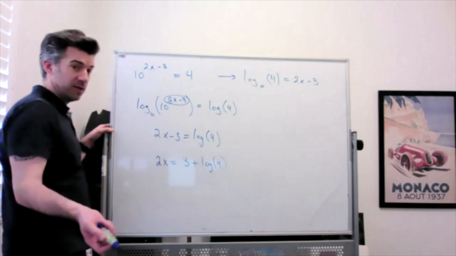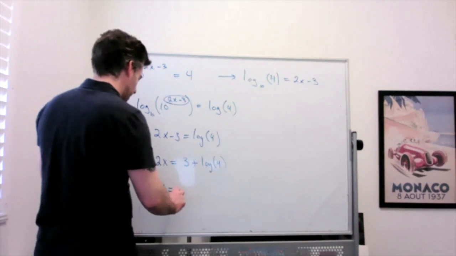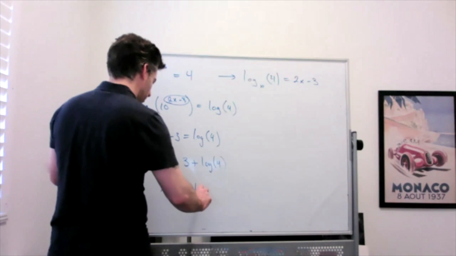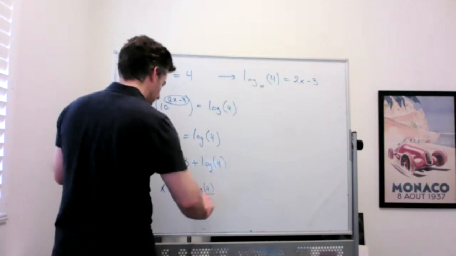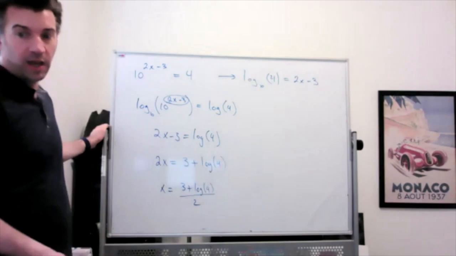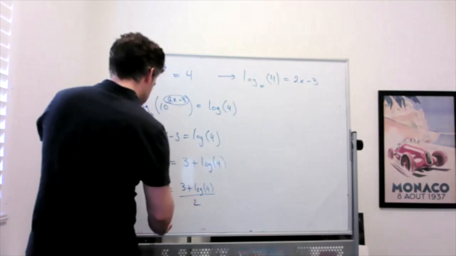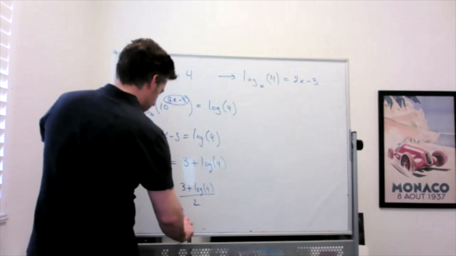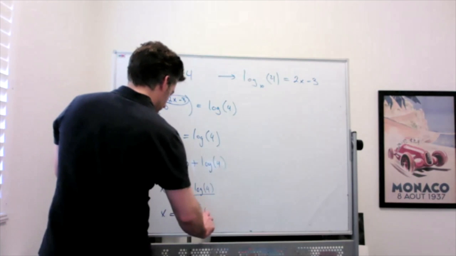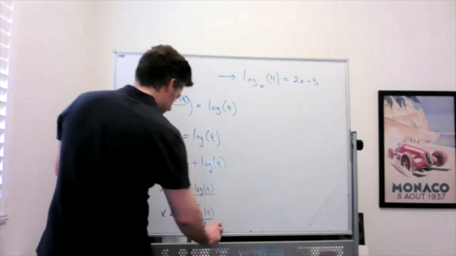And then finally divide both sides by 2 to get x equal to (3 plus log of 4) divided by 2. You could also write this as 3 over 2 plus log of 4 over 2.